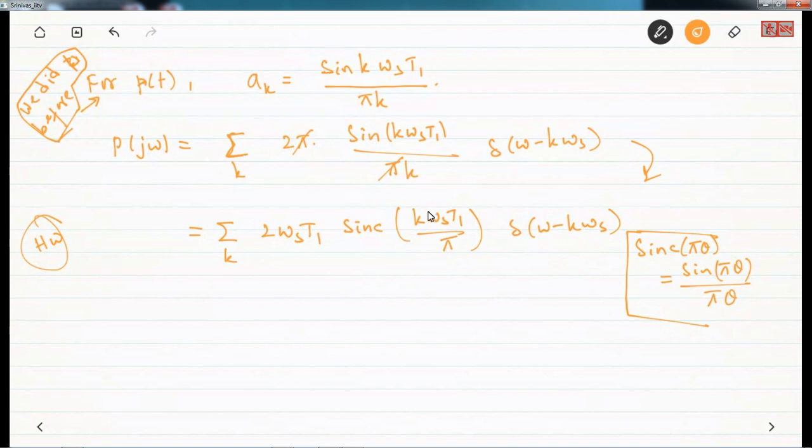So now p of j omega looks something like this. It has got a sinc function and then a series of impulses.